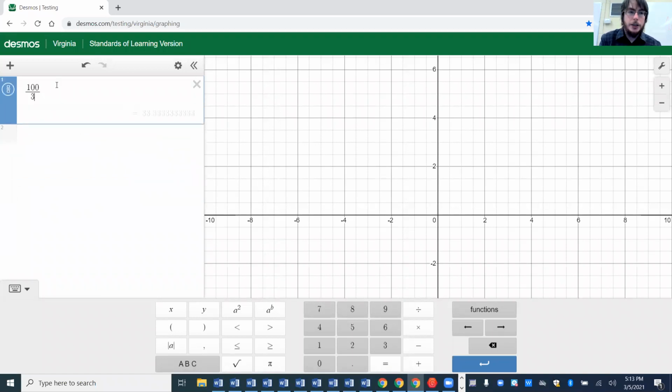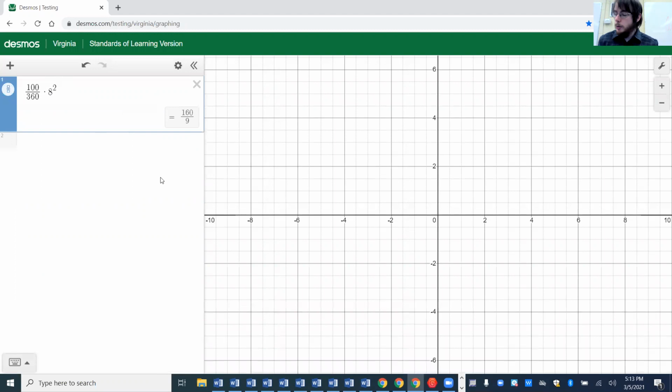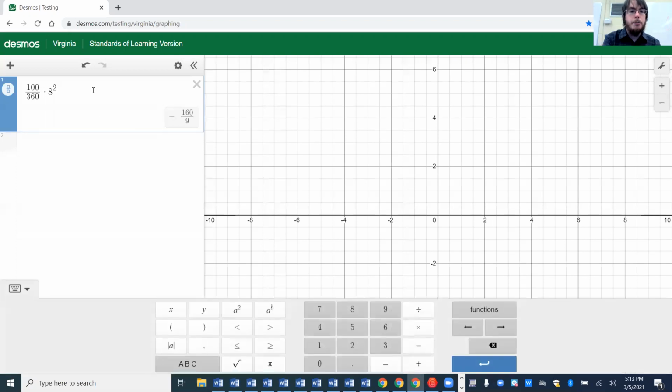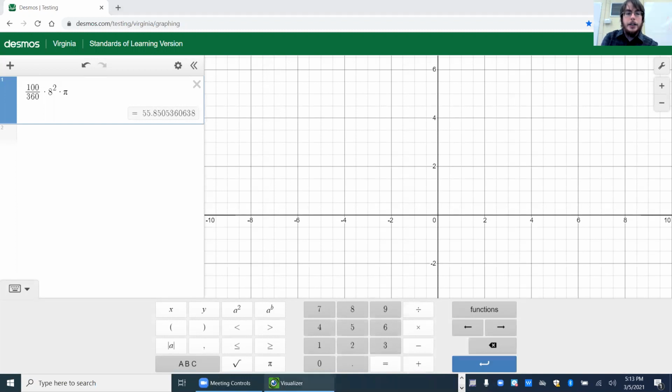So the exact would be 160 over 9 pi, and the approximate, you would multiply this by pi, and you get that it would be 55.85. Okay, so you need to know how to find both of the exact and the approximate.